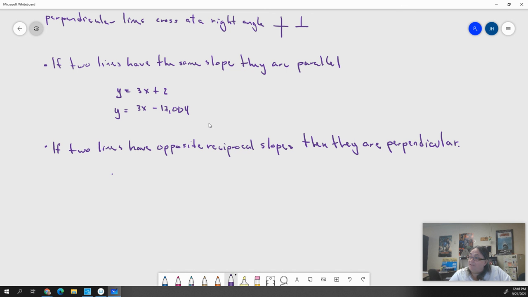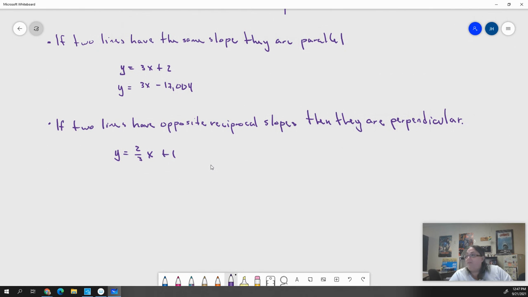So if I have a line y equals 2/3 x plus 1, right? If this is positive and I'm going to have a perpendicular, the other slope better be negative, right? If my slope on one line is negative, the other one better be positive. Reciprocal means flipped fraction, right? So if I have minus 3/2 x plus 12, these would be perpendicular lines, right?